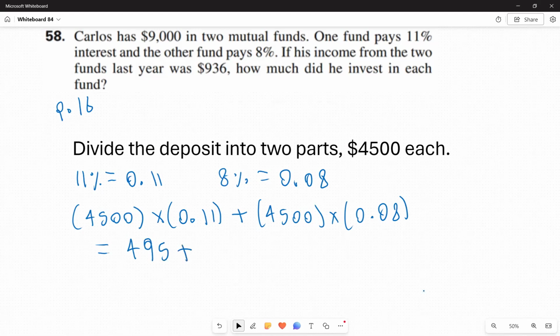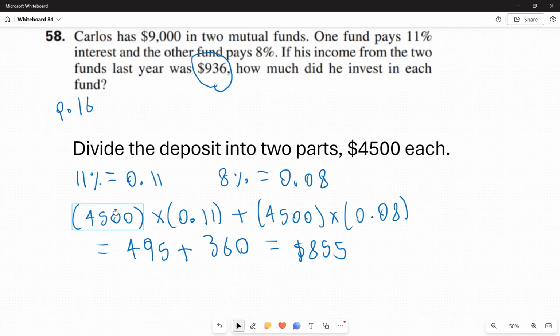And 4,500 at 8% is 360. So this is 855. And the income from the two funds was 936. That means we are a little bit short.